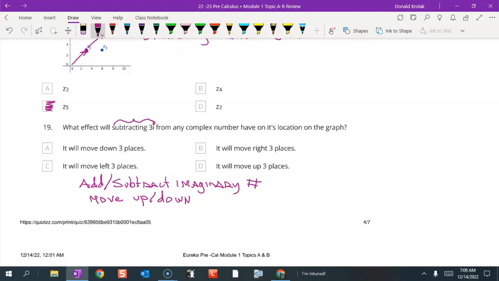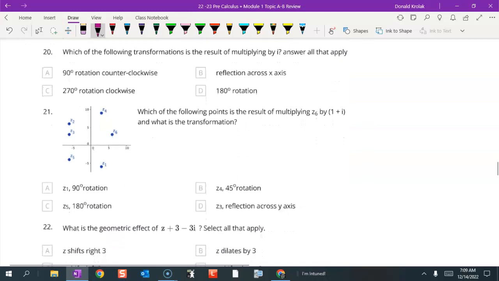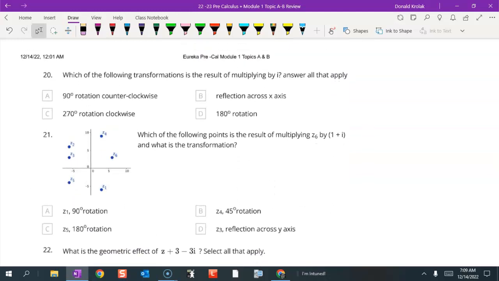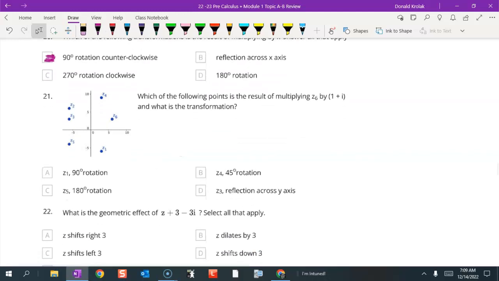So our point is going to move 3 places down. Okay, which of the following transformations is the result of multiplying by i? Okay, i is a 90-degree counterclockwise rotation.